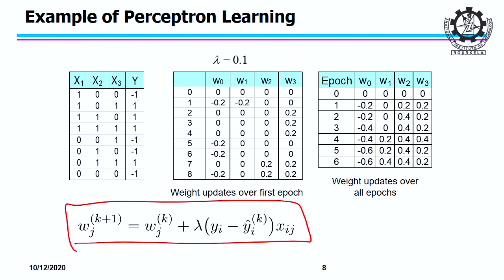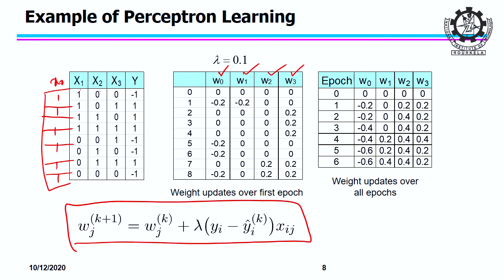Now, what are the weights? We have the weight w0, that is for the bias, then w1, w2, w3, and then we have the values x1, x2, x3, and also a value called x0, which is 1 for all samples.